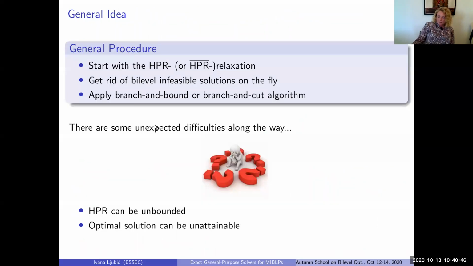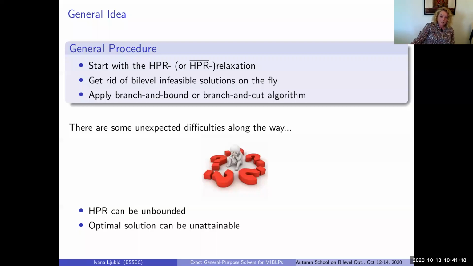Okay, so now the general idea of most of, let's say, computational methods which are available in the literature so far on the mixed integer bilevel optimization works with the idea of exploiting the HPR relaxation and developing some kind of a branch and bound or branch and cut algorithm to search for the globally optimal solution.